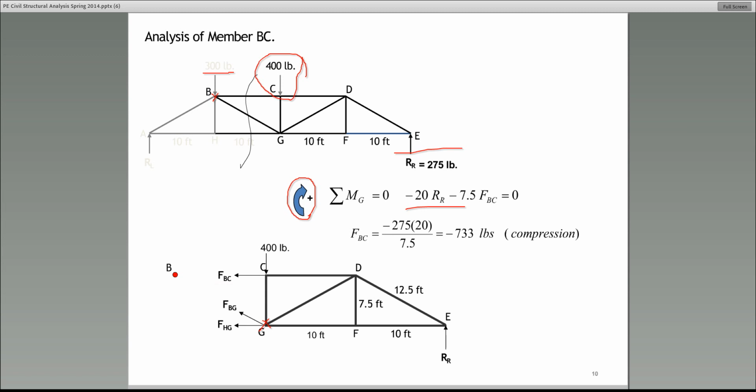I want you to help me find the force in HG. Tell me what is your recommendation. Well, we would use the method of sections, and in fact, I will use the same section and the same free body diagram.